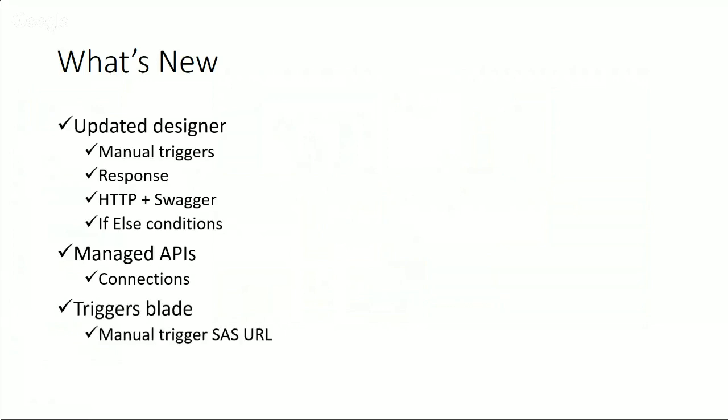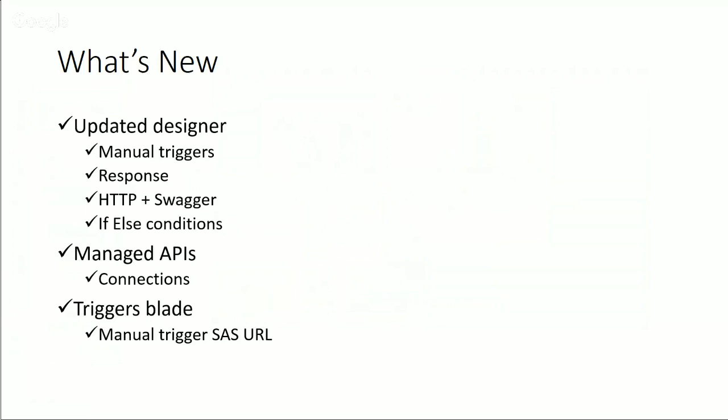And finally, a triggers blade. Before we had a little trigger history part, and we still have that there, so you can look at your trigger history. But now your workflows can actually have multiple triggers. The designer doesn't support that yet, but we soon will. But with multiple triggers in your workflow, now we have a separate trigger blade experience, so you can see all of the triggers that you have in your workflow.